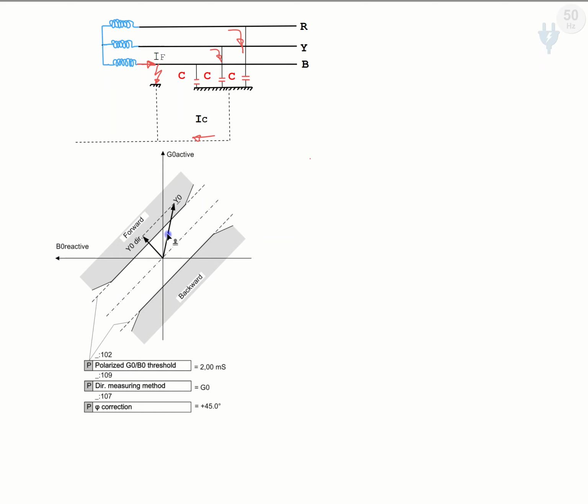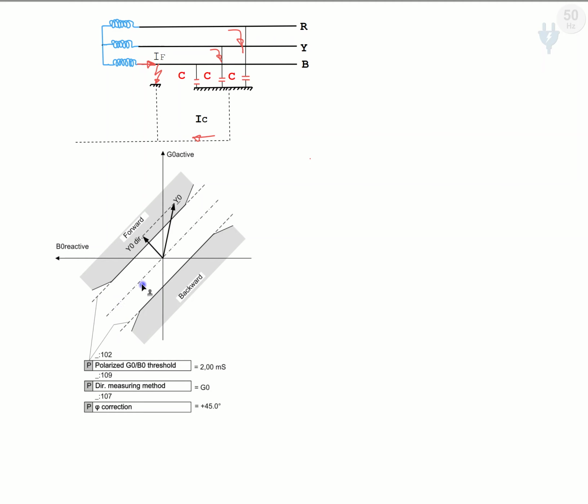if our zero sequence current will be in these areas near our real axis, a little beyond, a little lagging, a little leading. Then at that time we use the method of measuring G0 and the phi correction.